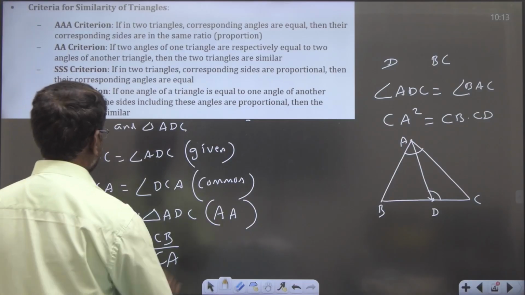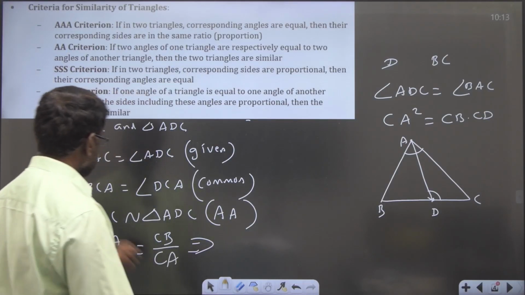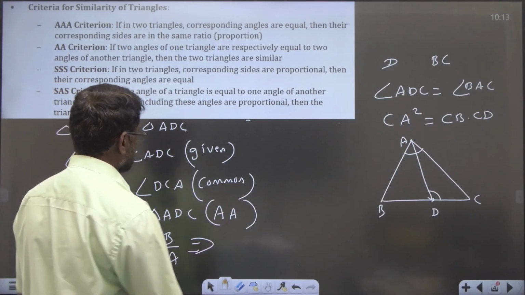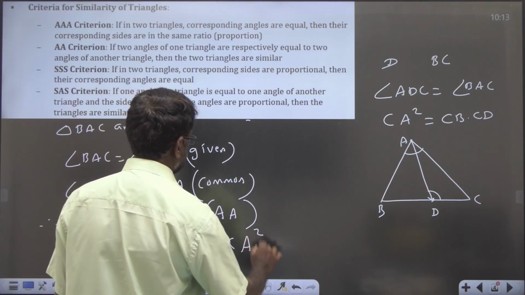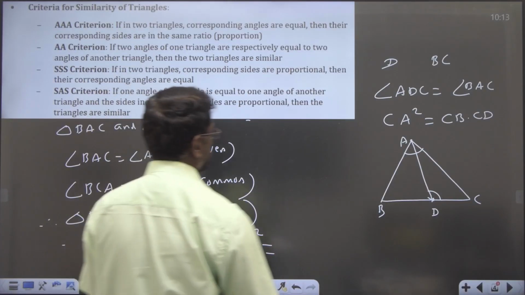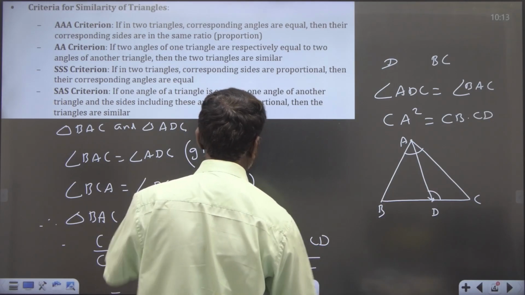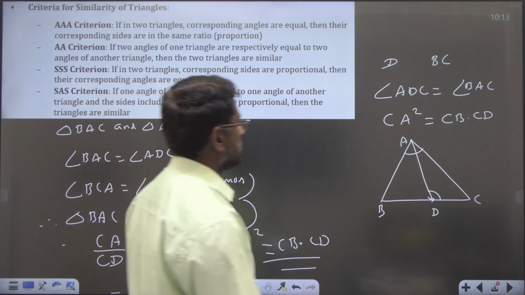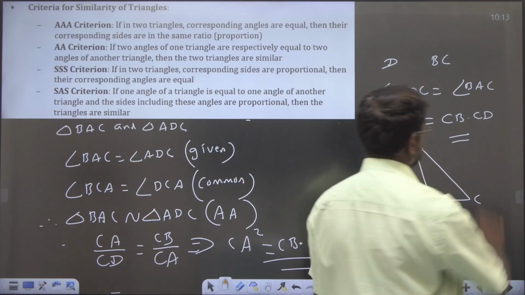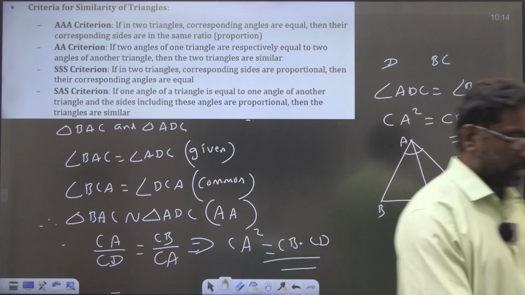Cross multiplying, we get CA into CA, that is CA square, is equal to CB into CD. This is the proof.